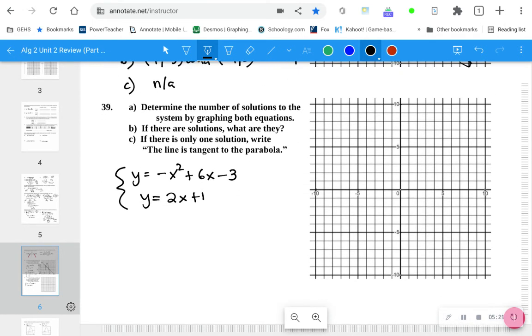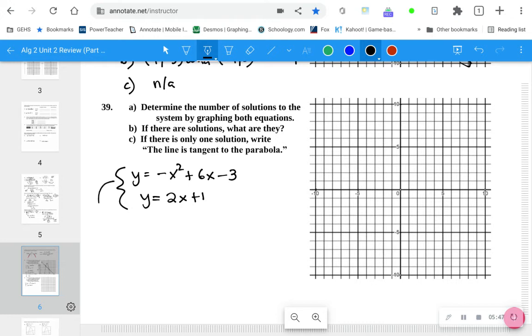So we're going to first graph this parabola. And what I'm going to do here, you can't see what I'm doing. I'm typing them on my calculator, but I'm typing negative x squared plus 6x minus 3 on the y equals line. And that'll be in preparation for figuring out all the values in the t-chart.